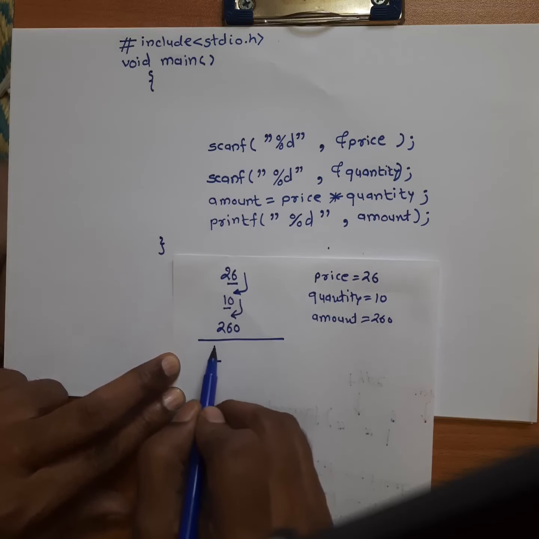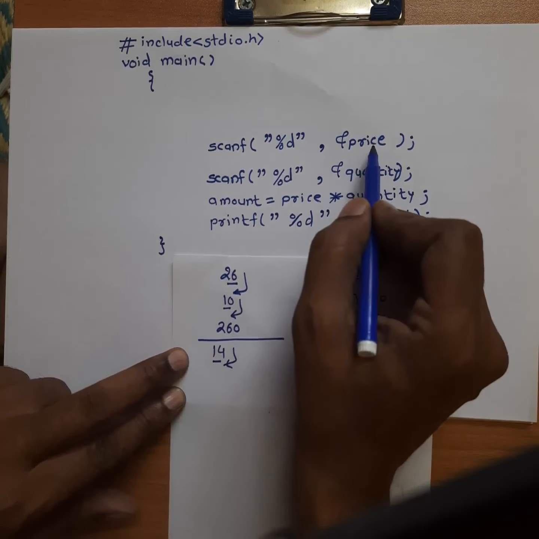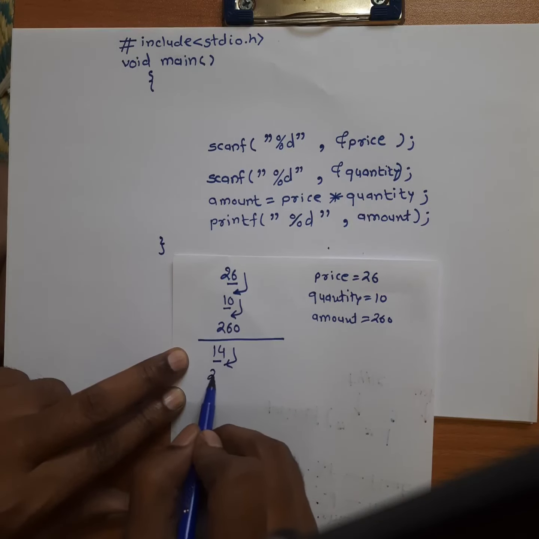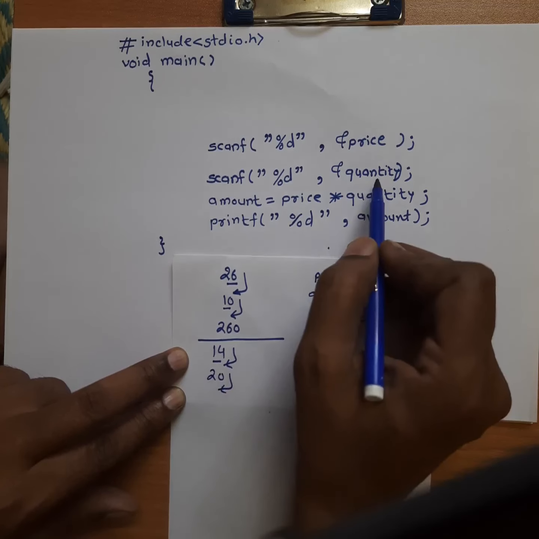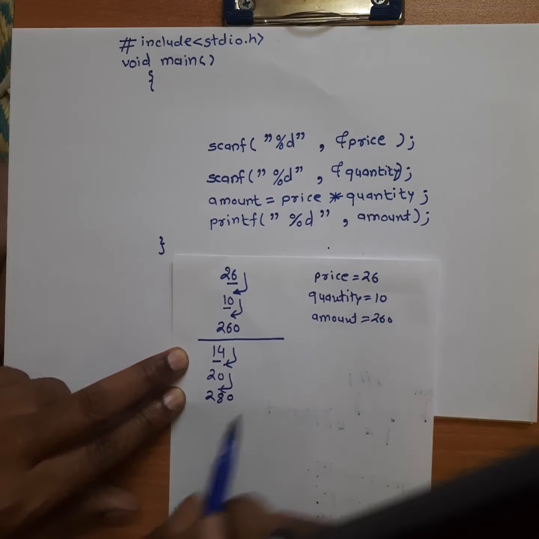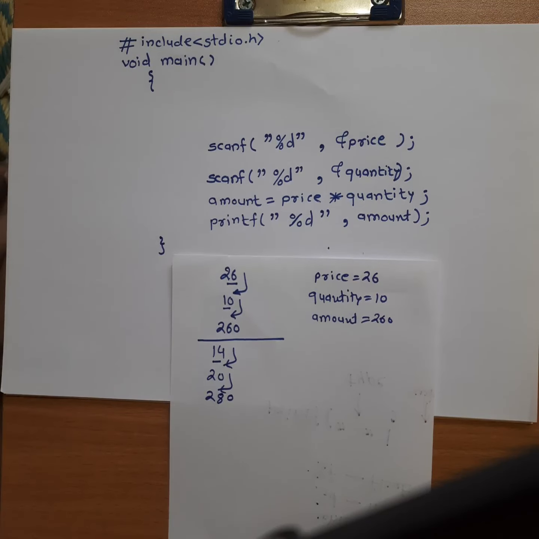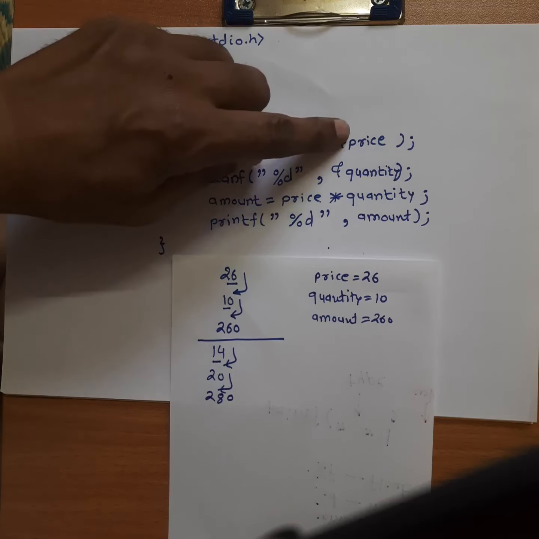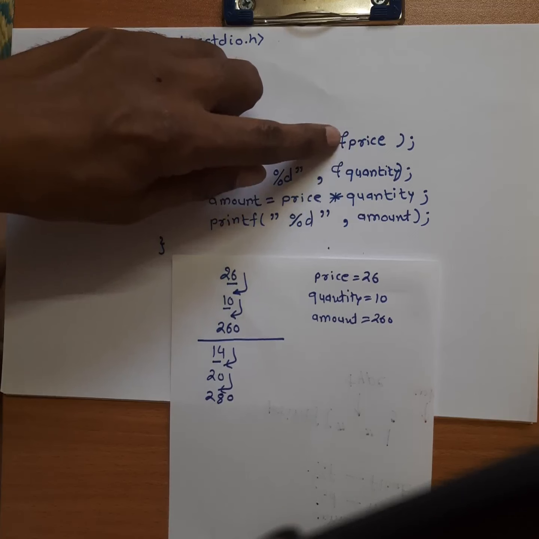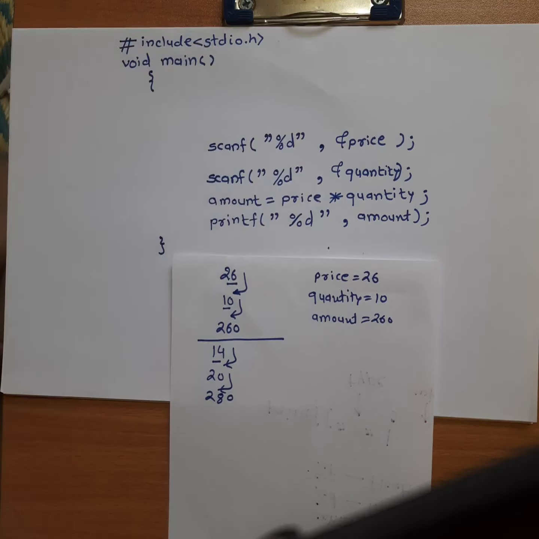The first number we input is given to price, the second number is given to quantity, and then it will display the output as 280, which is nothing but amount. Right now we know the program. So we can input the first value for price and the second value for quantity, because the first statement is for price and the second statement is for quantity.